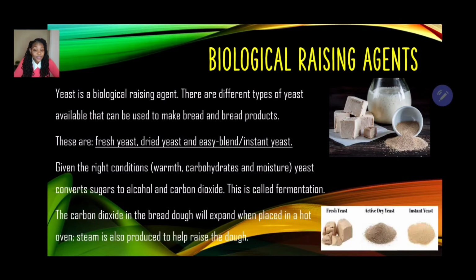And this is the fermentation process, and carbon dioxide will raise the product when it is placed in the oven. So if a question asks you how yeast raises bread or hard-dough bread or cinnamon rolls, anything that uses yeast, it is the same principle for any yeast bread that you are given a question for.